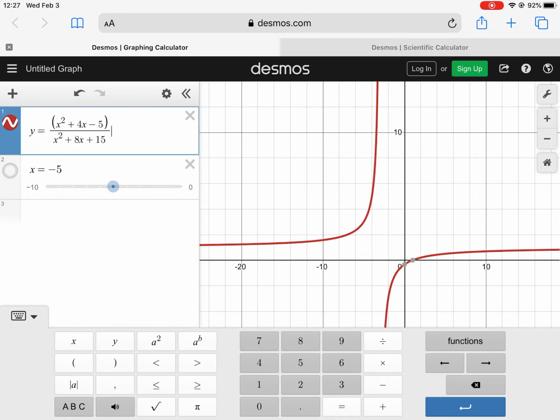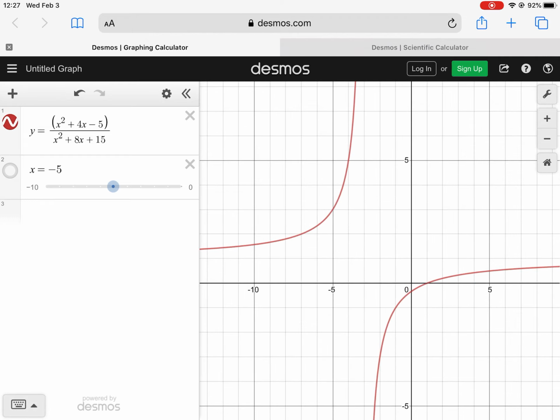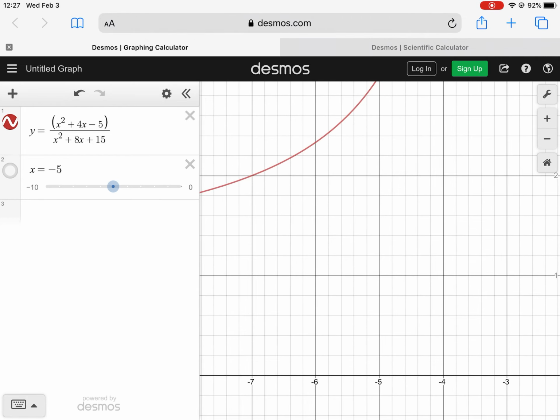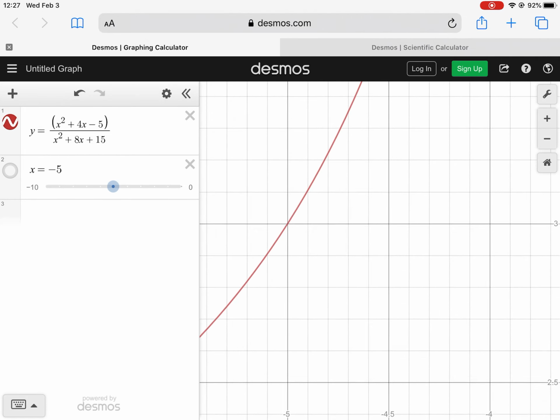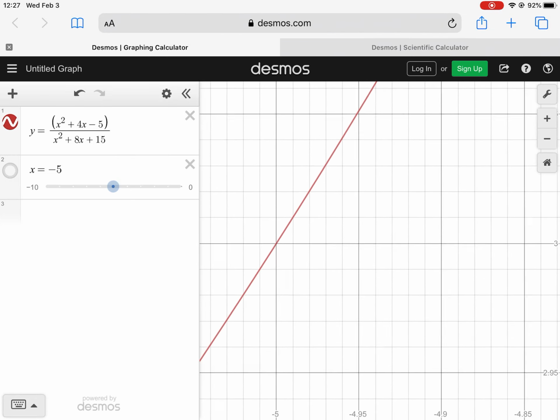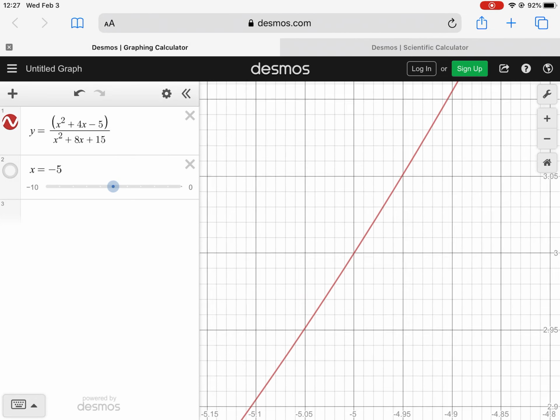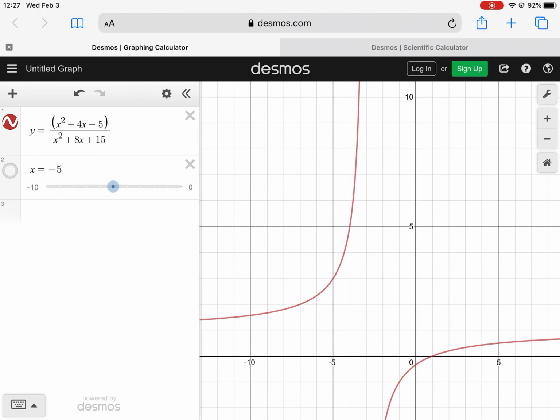So they literally are the exact same with one small issue. Here's what I want to point out. If I zoom in on negative 5, notice you can't tell that the graph stops existing. No matter how close I get, it looks fine.